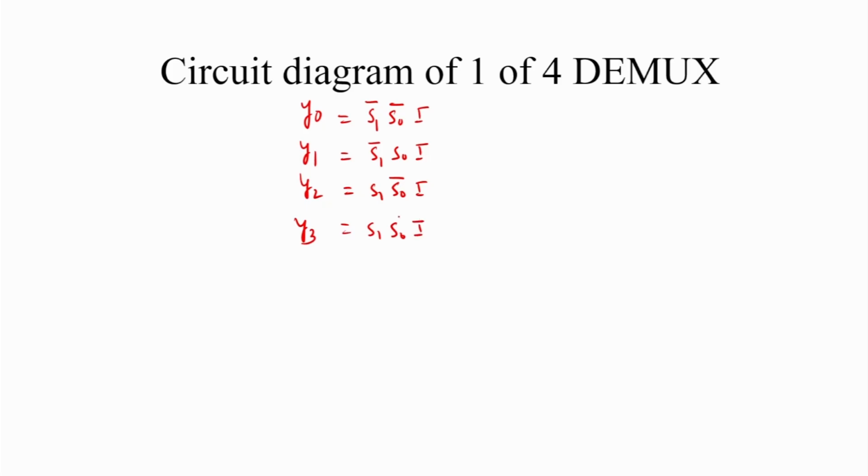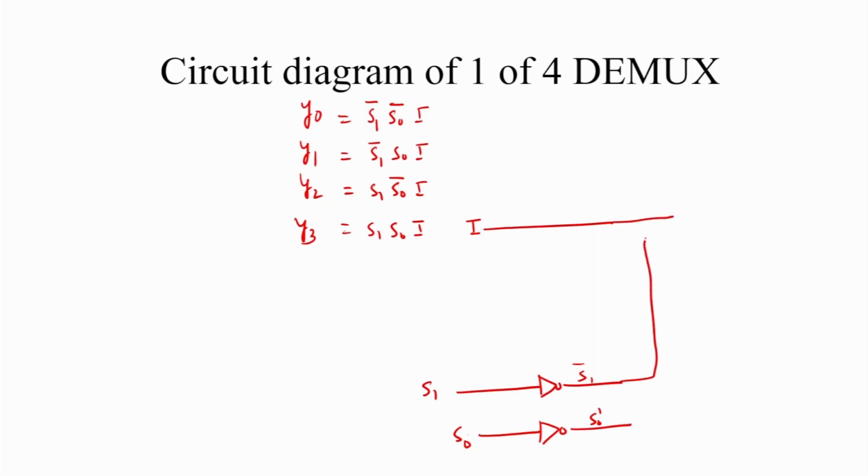Let us take, when we design the circuit, one input variable I whose value is either 0 or 1, and two others, S1 and S1 complement, and similarly S0 and S0 complement. For the first output, both complements and I are connected through an AND gate.